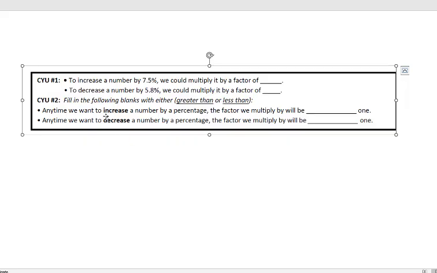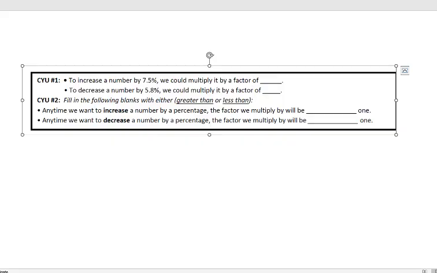And then it says anytime you want to increase a number by a percentage, the factor you multiply will be greater than 1. And anytime you want to decrease a number, right? If you multiply a number by 1, it doesn't change. If you multiply a number by greater than 1, it gets bigger. If you want to decrease, you've got to multiply it by a number less than 1.